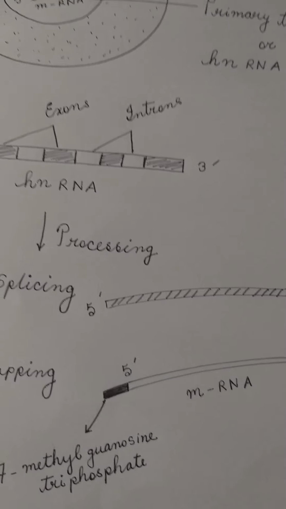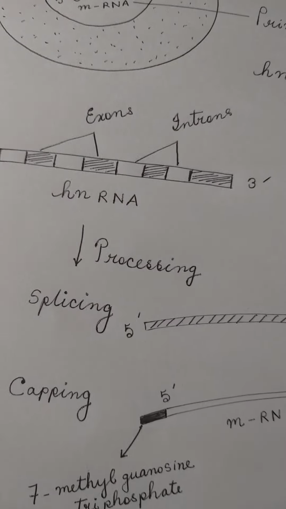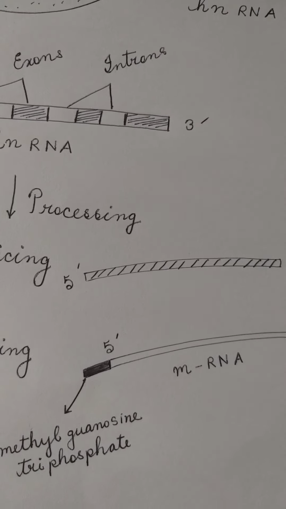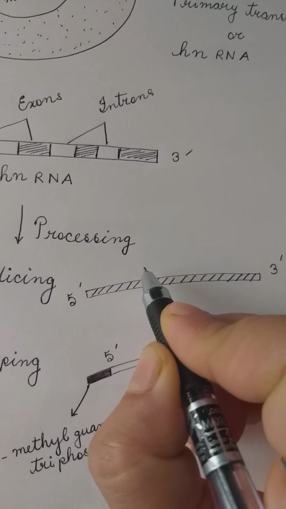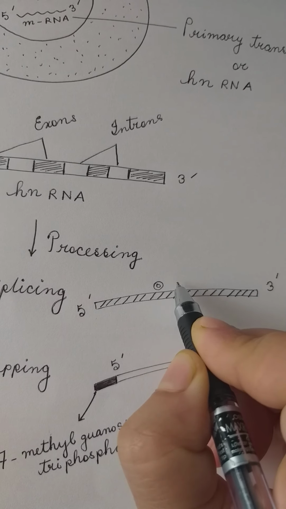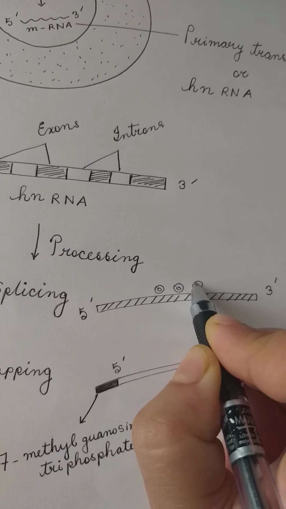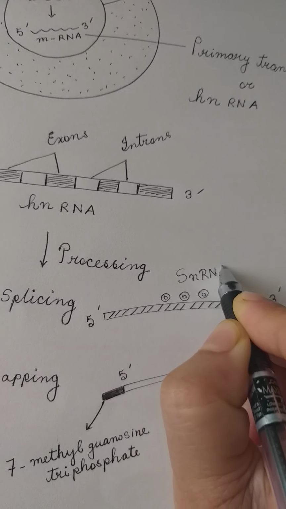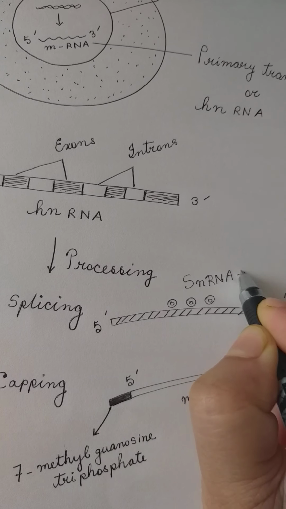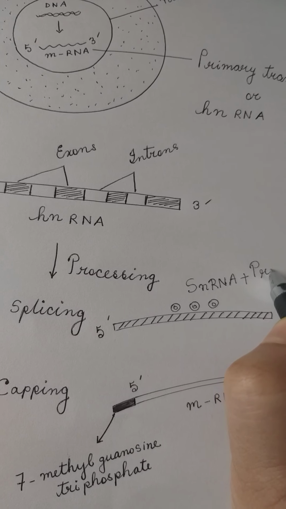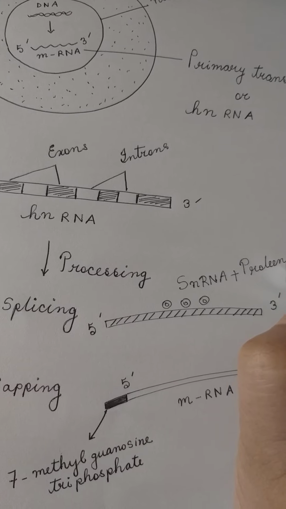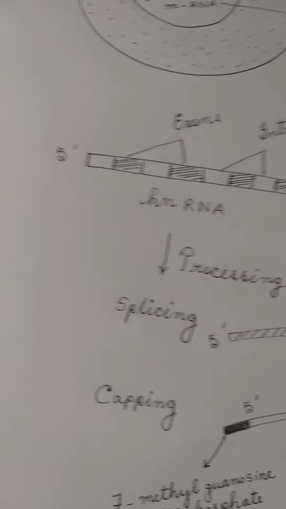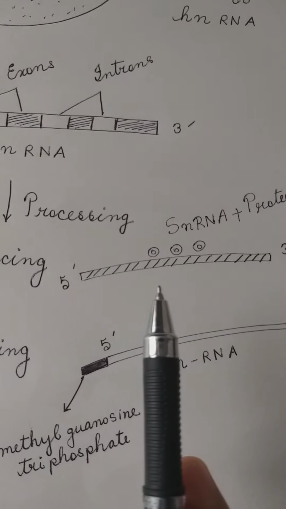Now during splicing, to remove the introns and to join the exons, some proteins associate, which are called small nuclear RNAs with proteins. These are small nuclear RNAs, and some proteins associate, which together help in the process of splicing. Splicing means removal of introns.